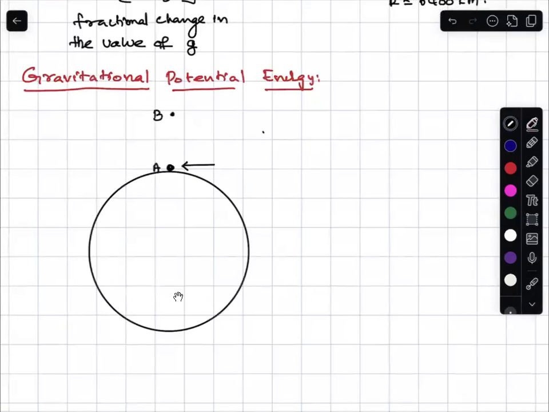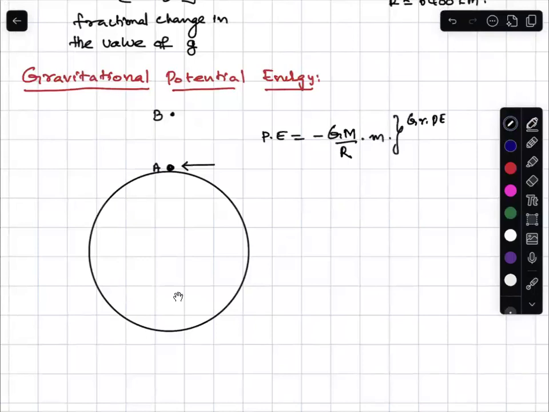So, potential energy in electrostatics is potential times charge. Whereas in gravitation, you will write that as minus G capital M by R times the mass of the particle, for a point mass. This is called gravitational potential energy.